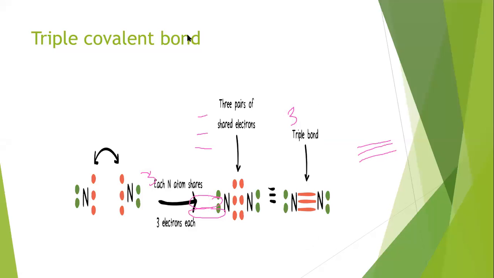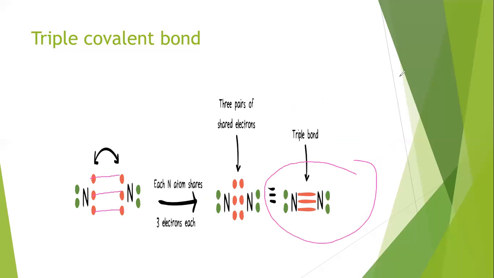Here you can see the proper electronic sharing. 1 electron, 2 electrons, 3 electrons, 1, 2 and 3 electrons. These 3 electrons between 2 nitrogen atoms are shared. They come closer to each other and make a triple bond. This triple bond is represented as triple lines between these 2 bonded atoms.